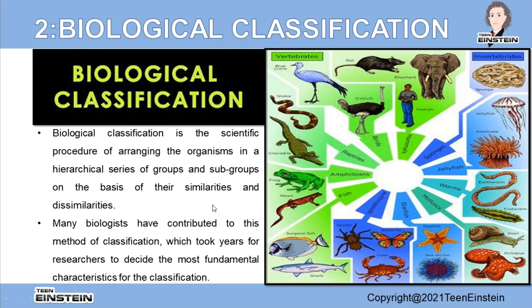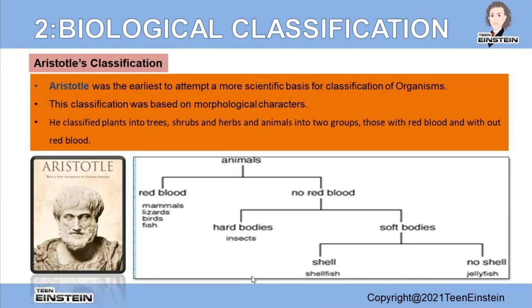Many scientists tried this classification, but it was not properly done. Next, based on scientific reasons, Aristotle tried the first classification of organisms.